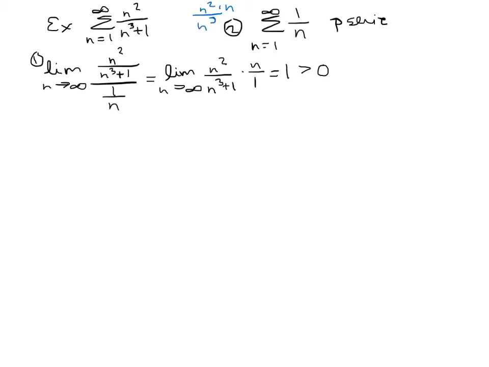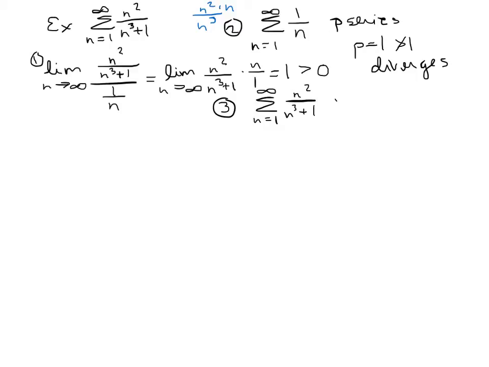This is a p-series with p equal to 1, and 1 is not bigger than 1, and so it diverges. And so the conclusion would be that the original, n squared over n cubed plus 1, would also diverge, and we just used limit comparison.